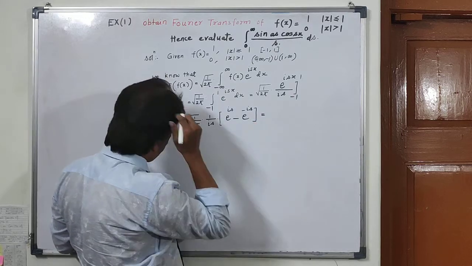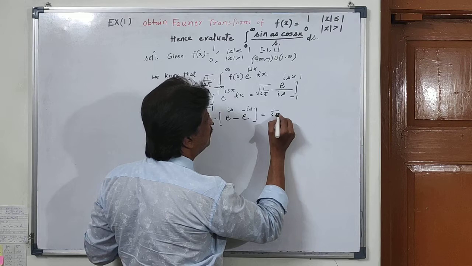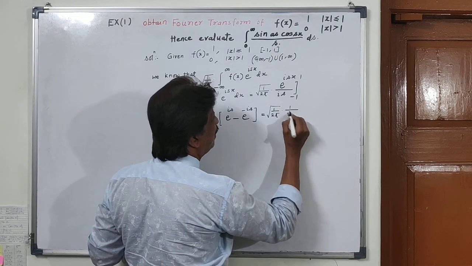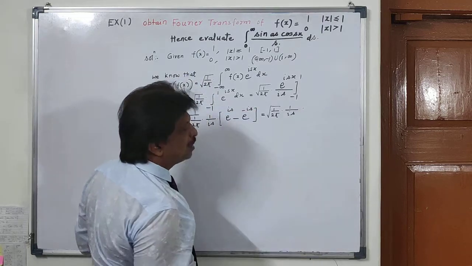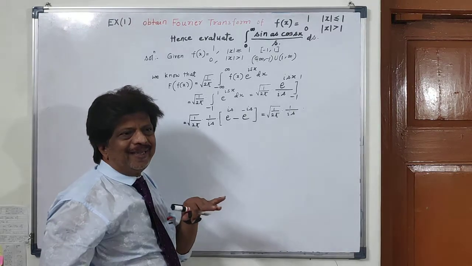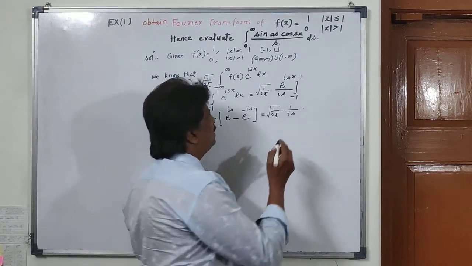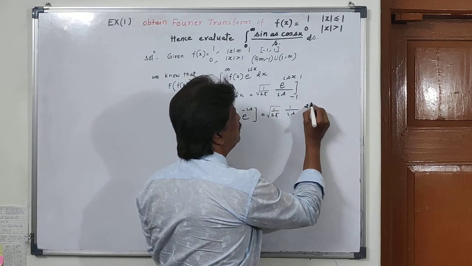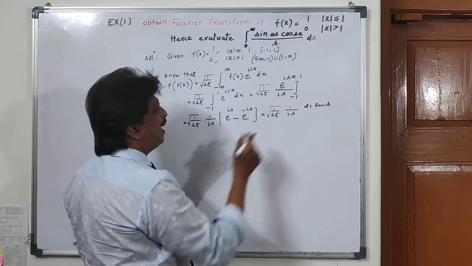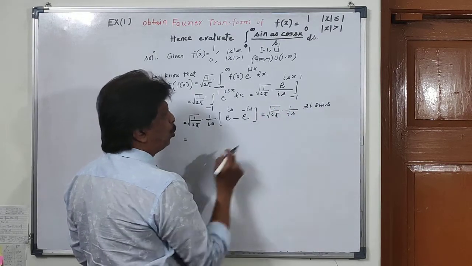That is further equal to root of 1 upon 2 pi times 1 upon i s, and the value of this is e raised to power i theta minus e raised to power minus i theta, which is equal to twice i sin theta. So this is twice i sin s. So i gets cancelled, and 2 upon root 2 is root 2.